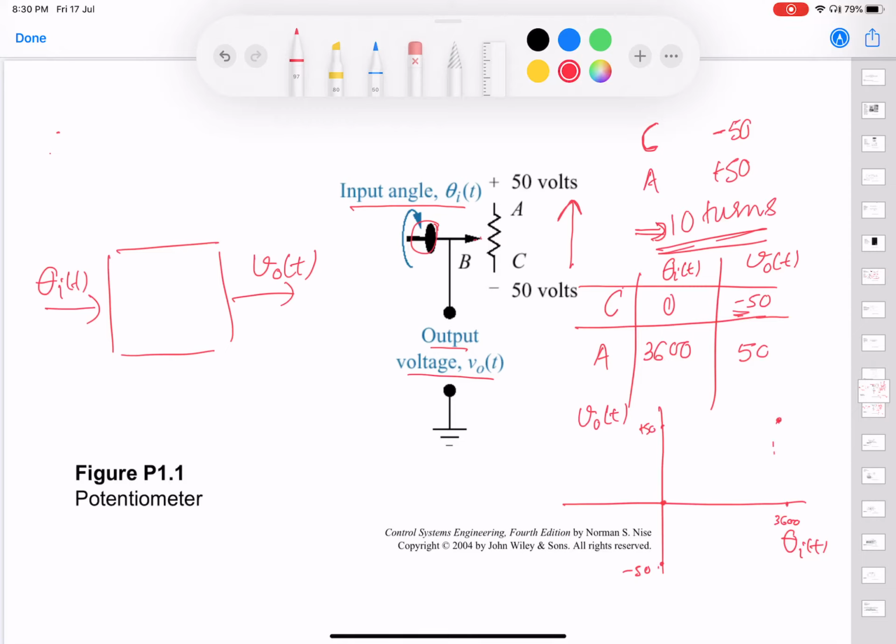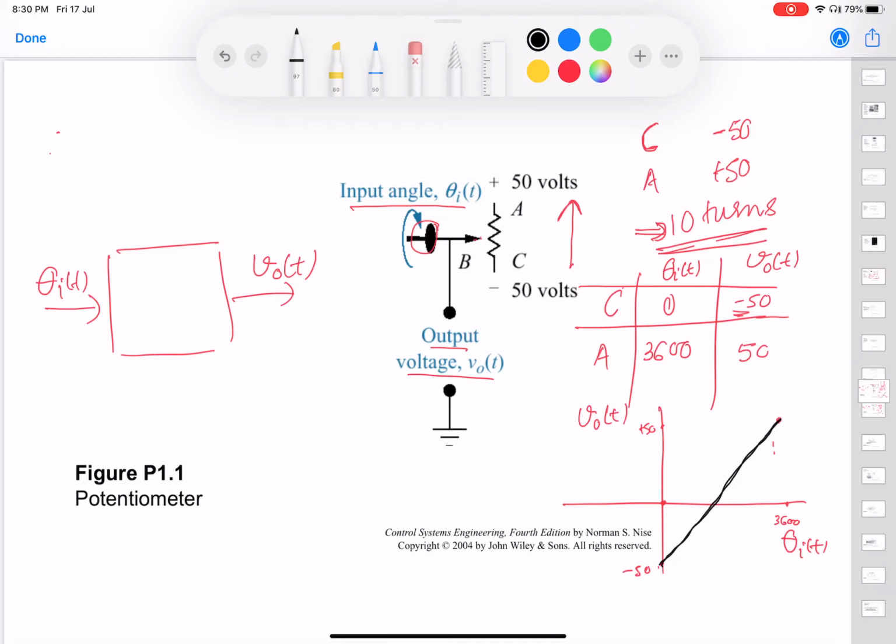So you actually have a straight line, assuming that the relationship is purely linear. So this is the curve, right? If you look at this straight line, you can find the equation of the straight line from the two-point formula.